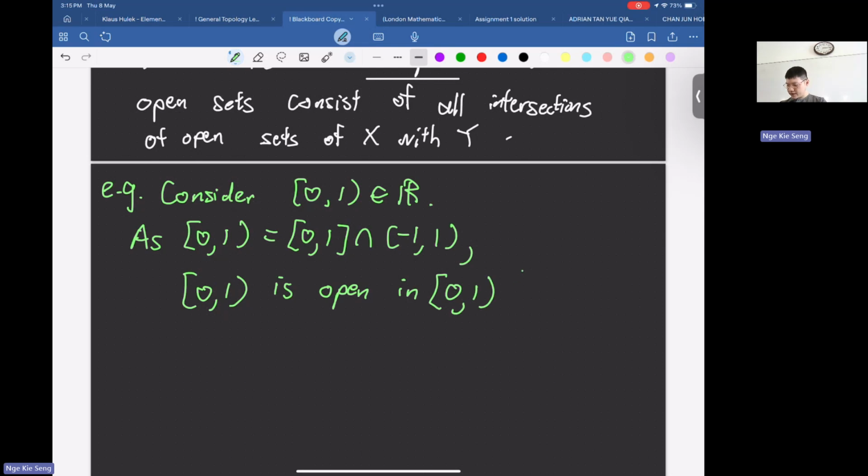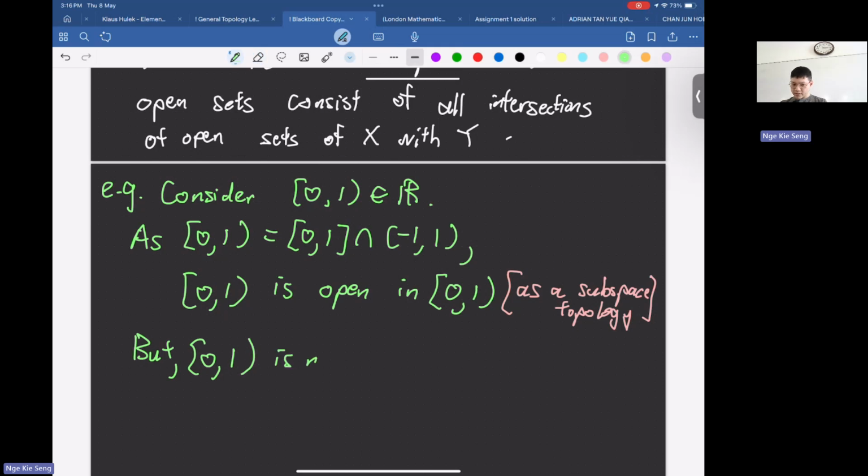Here we say that as a subspace topology. But at the same time, you need to note that this half open interval is not open in R with the Euclidean topology.